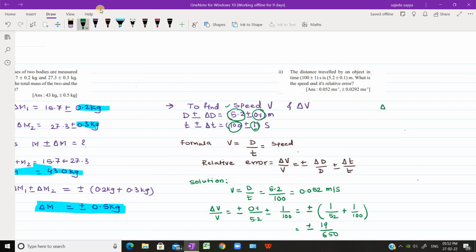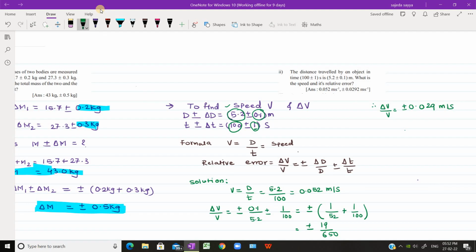Therefore, delta v upon v, that is the relative error in the measurement of velocity, will be 0.029.